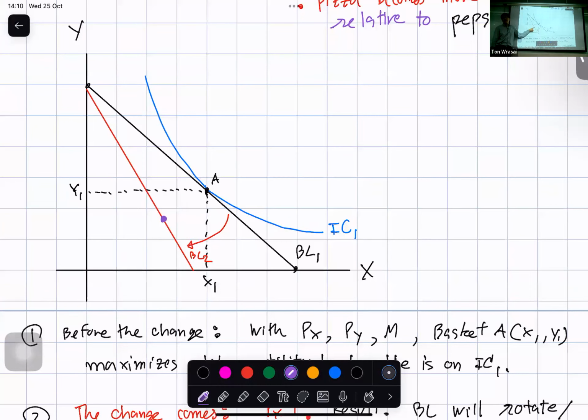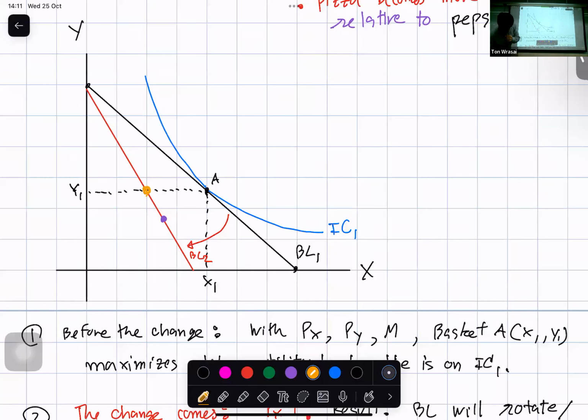If he selects the purple basket, of course with a different curve, it means that coping with this incident, he decides to buy less pizza and less Pepsi. Possible. Or he selects the orange basket. That would imply he decides to buy less pizza but still buys the same amount of Pepsi. Possible.